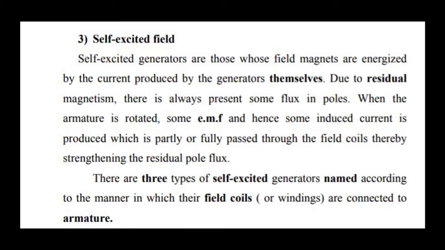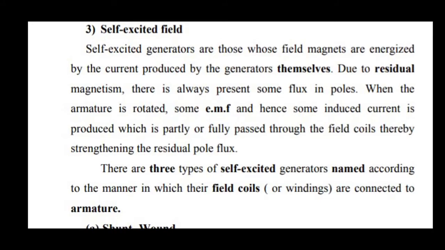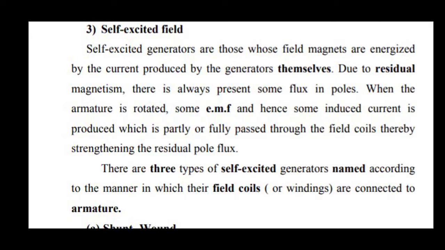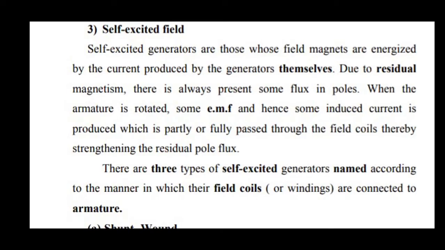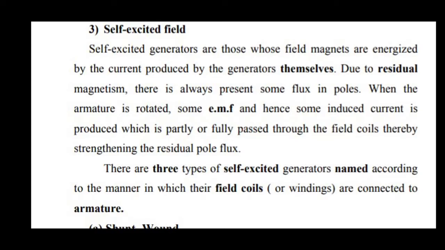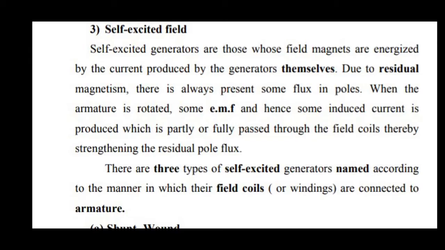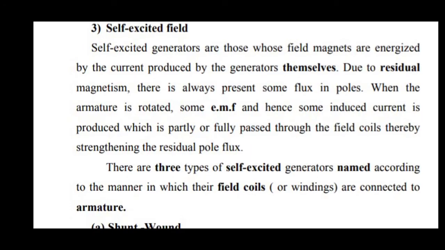Even though there is no voltage in the field winding, the field pole produces a flux, about 5% of rated flux. This is due to residual magnetization, the retentivity property of that material.